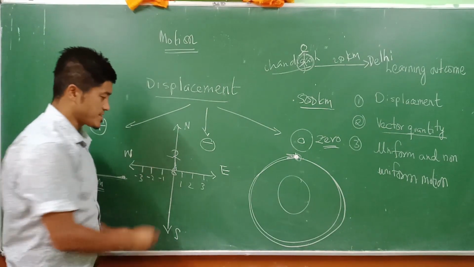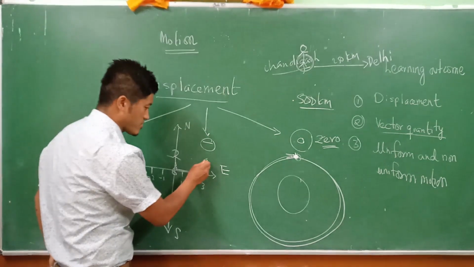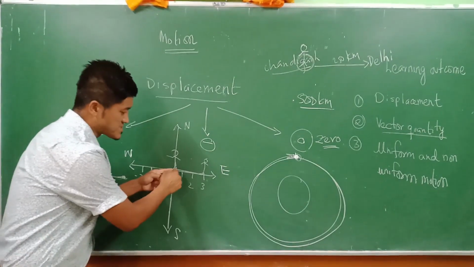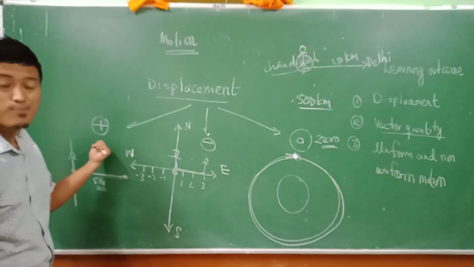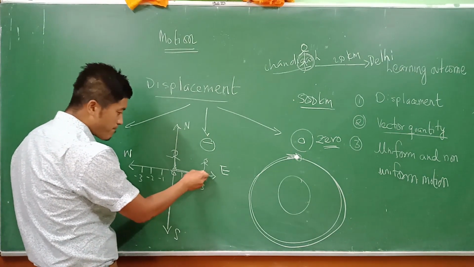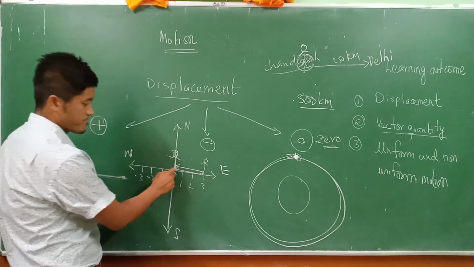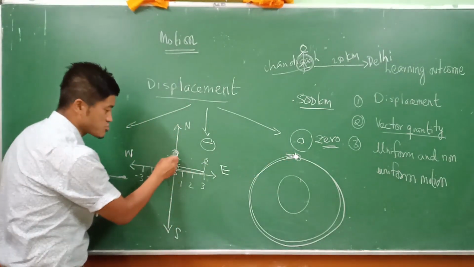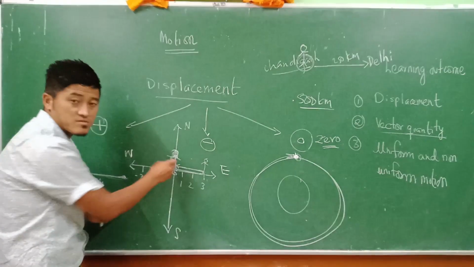This person travels 3 meters and comes over here. From 0 to 3, the displacement is positive. Now this person comes back to his original position. In this second case, displacement is 0. Why? Because he started from here, went over there, and came back over here.